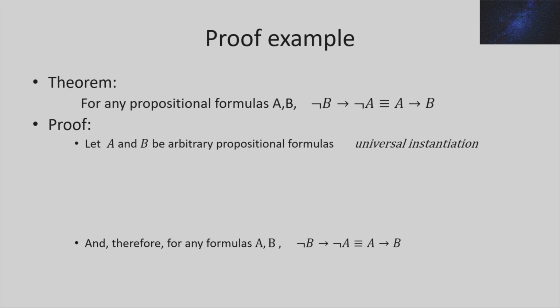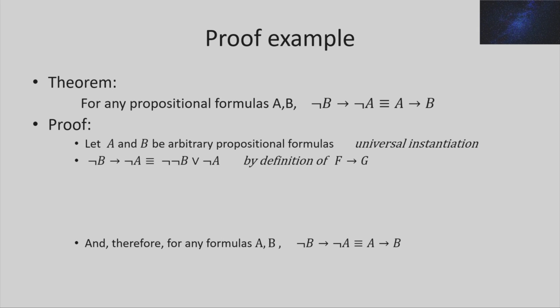But pay attention that here it does mean something different. Before, A and B were kind of standing for everything. It was a variable. Here, we're thinking of some kind of concrete, but we don't know which, propositional formulas. Something that can be true, something that can be false. And because we are thinking of them as concrete things, we could talk about what happens if A is true, what happens when A is false, and same for B. So this is what universal instantiation does for us.